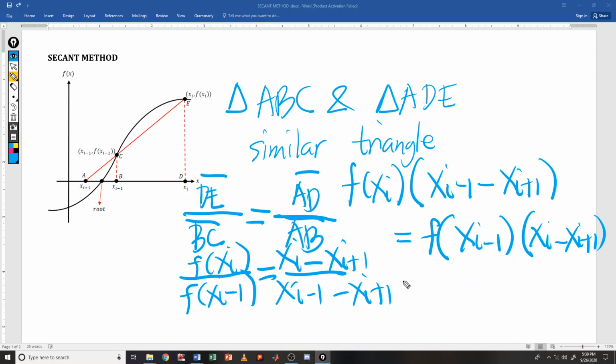Okay, so we will arrive at this formula. Let me erase this one.